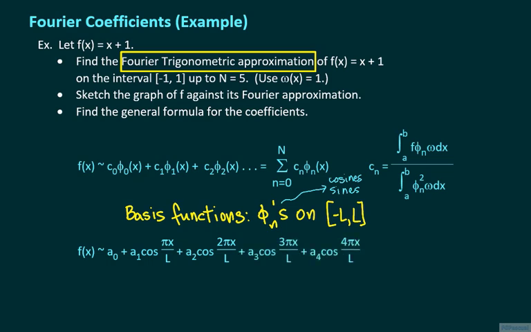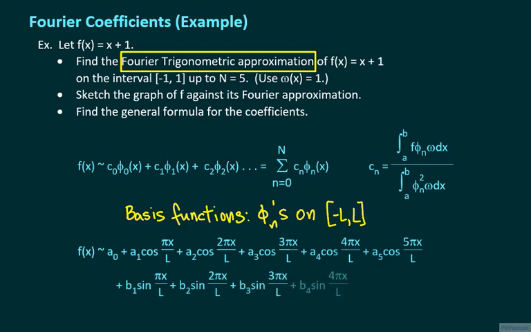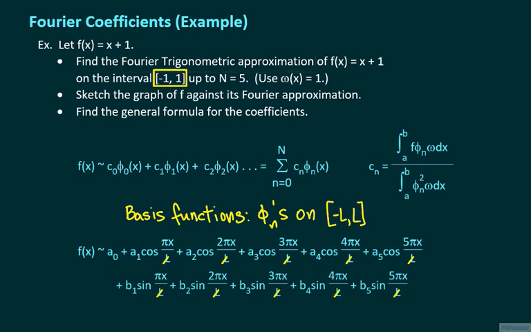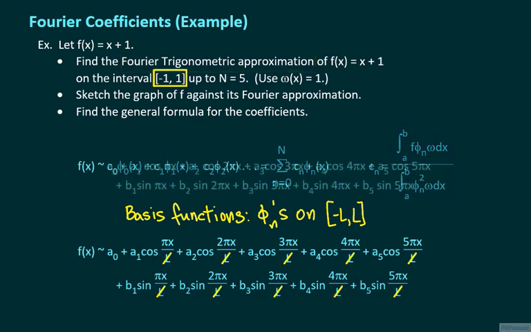And since we are to go up to capital N equals 5, we have plus a sub 5 cosine 5 pi x over L. We have a similar set of terms for the sine terms. Since the interval is from -1 to 1, we replace L by 1, and we get a simplified version of the approximation.